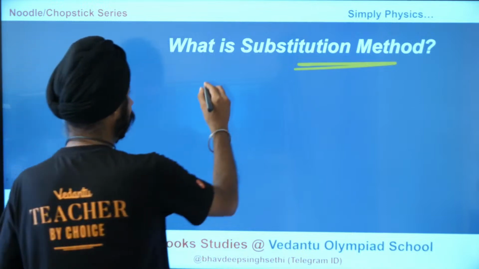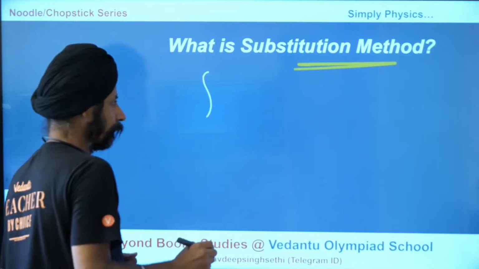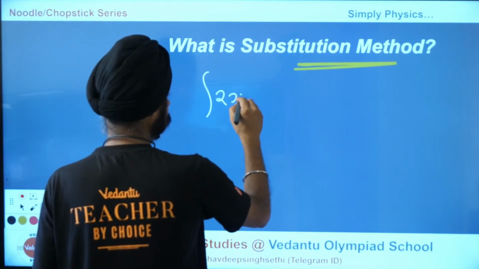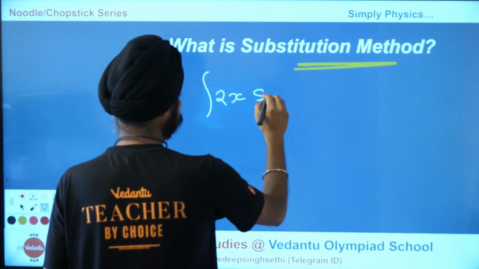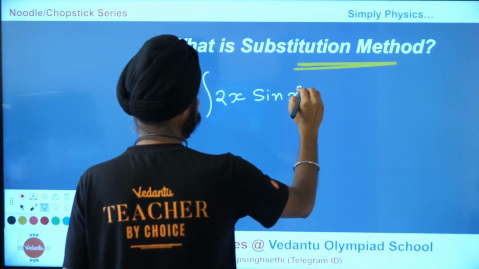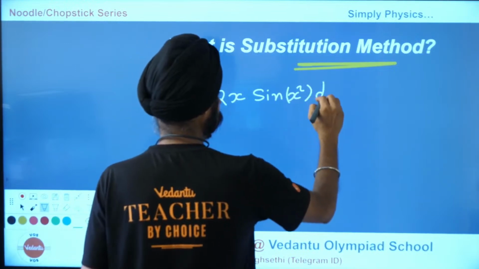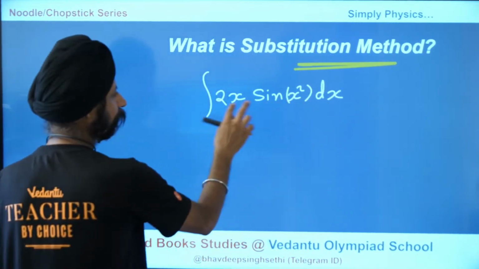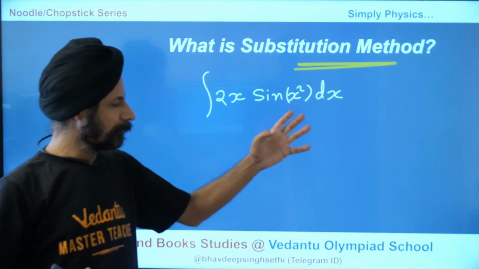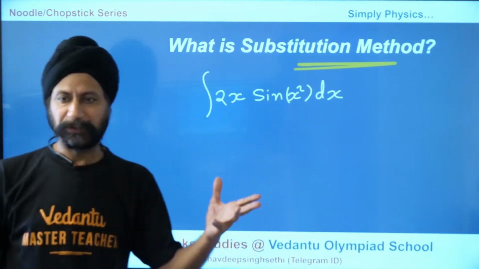So let's say I have to find the integration of 2x times sine of x squared dx. Now you see these are two different functions multiplied here. If this was integration of one function, that was easy.